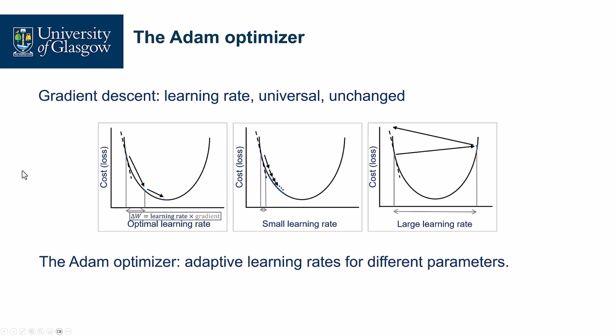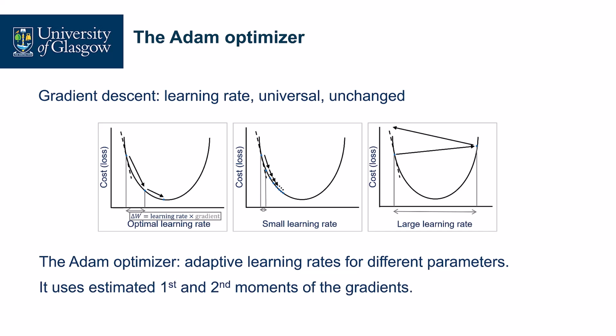We call it the Adam optimizer. This optimizer has adaptive learning rates for different parameters, based on the first and second moments of the gradients. This algorithm is quite fast and is widely used in neural network training.